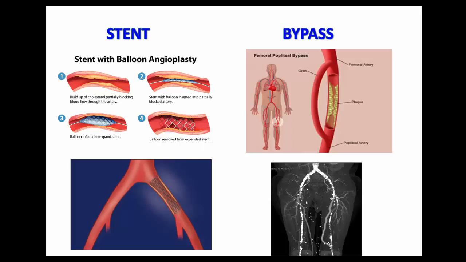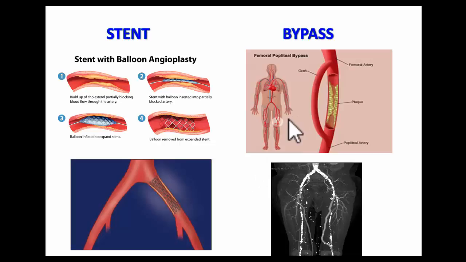Stents can be placed anywhere along the arterial tree, from the groin all the way to the mid portion of the leg. However, when you get to arterial segments which are less than 2.5 millimeters, we may not be able to place a stent in those circumstances.